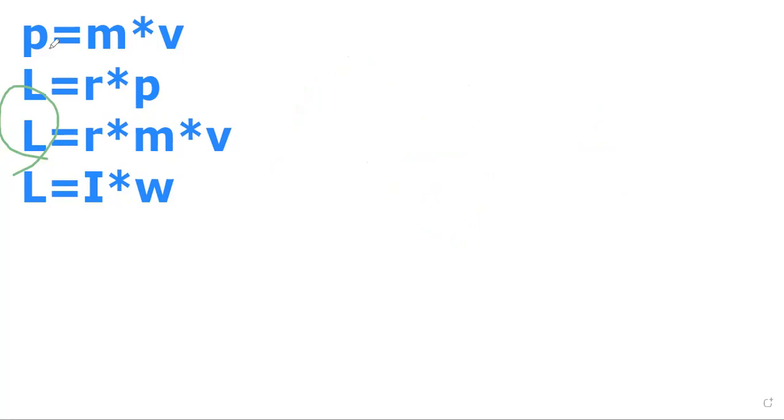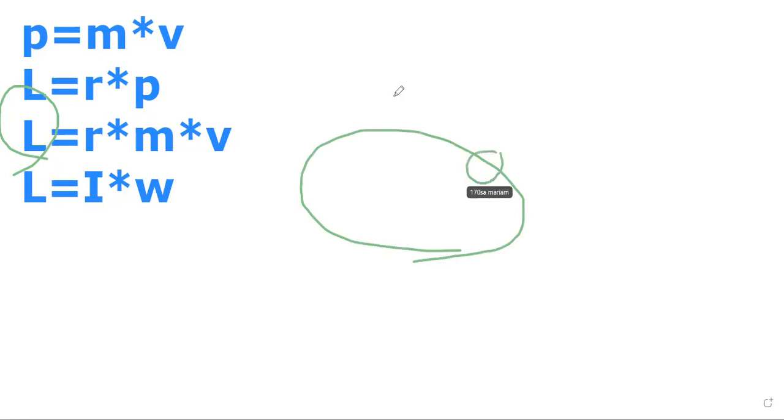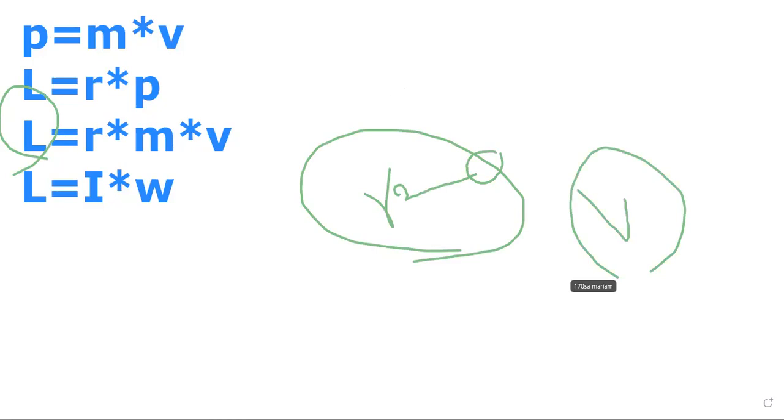So let me remove all of that to make it more clear. Okay. So again, what if we had an object here? This is a circle object here. This is R, and this is V. What will happen if R decreased like that?